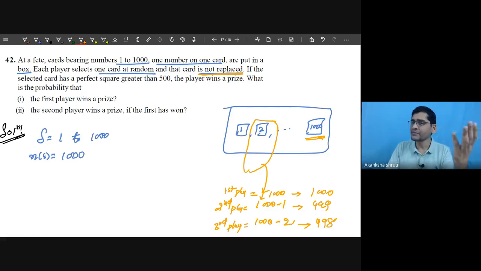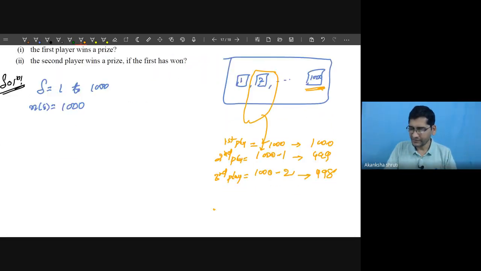So for the nth player, how many cards are there in their sample space? Here we are getting, for the third player, 2 cards are removed. So 1000 minus (n minus 1). It becomes 1001 minus n. It is like this.